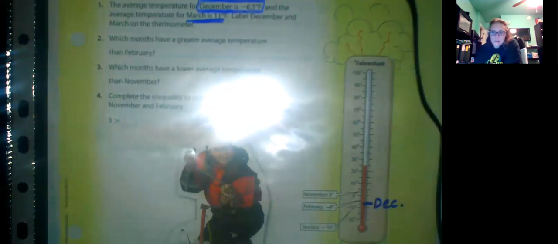And so negative 6 would be right after that, and then negative 6.5. Okay, so somewhere about here is December. Then March was at 11 degrees. So 11 degrees is above 0 because it's positive. Here's 10, and so 11 degrees would be right above that. So here's March.